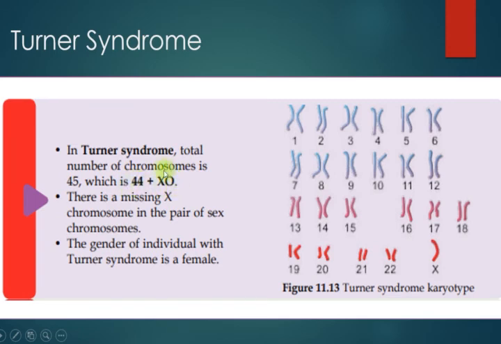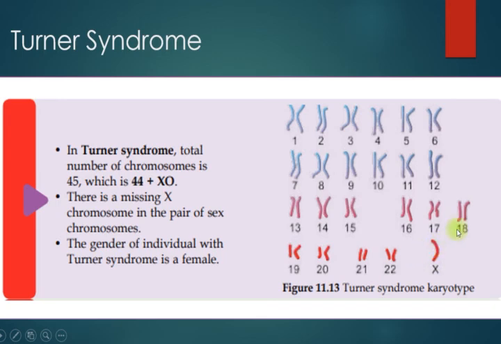XO refers to the missing X chromosome here. So this person only has one sex chromosome. The gender of an individual with Turner syndrome is female. Why female? Because of the presence of the X chromosome here.